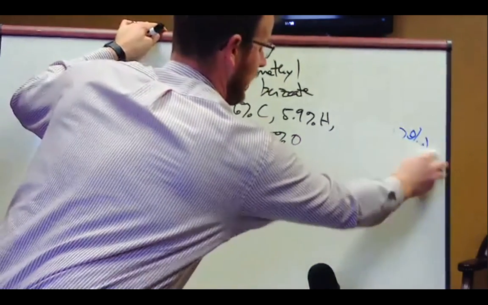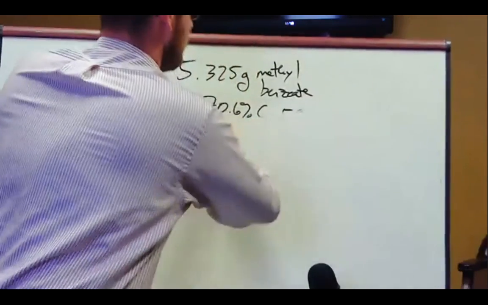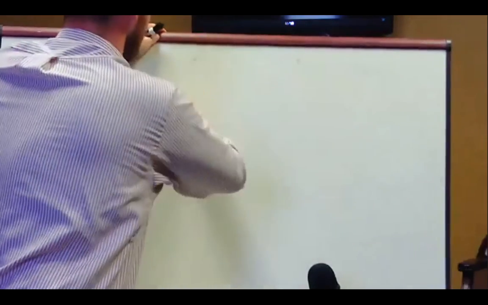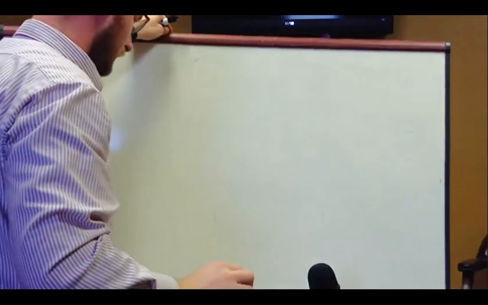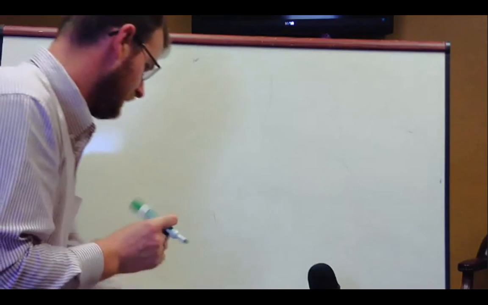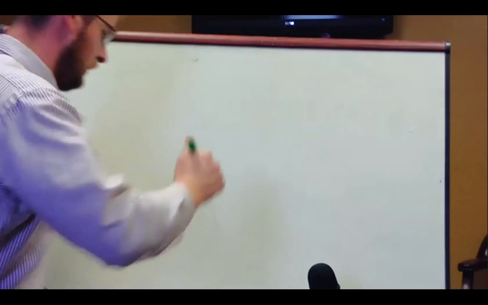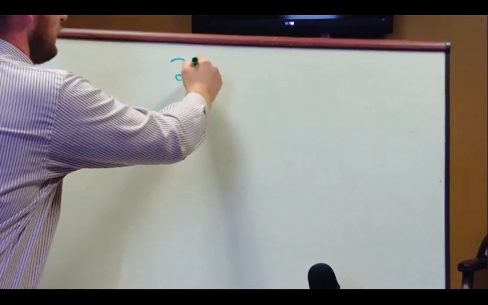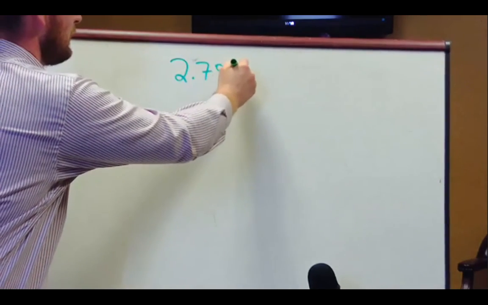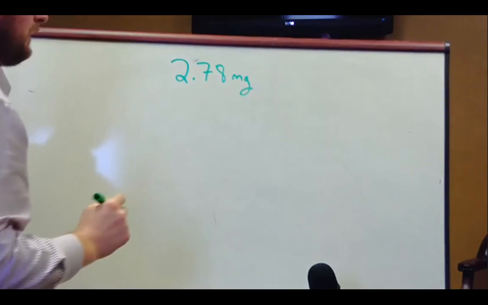All right, now let's say we're given a compound that smells like pineapples. Ethyl butyrate is this compound. And what you do with ethyl butyrate is you combust 2.78 milligrams. So I'm going to throw a wrench in here with the milligrams.